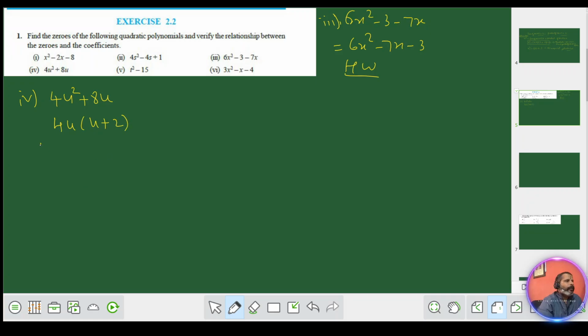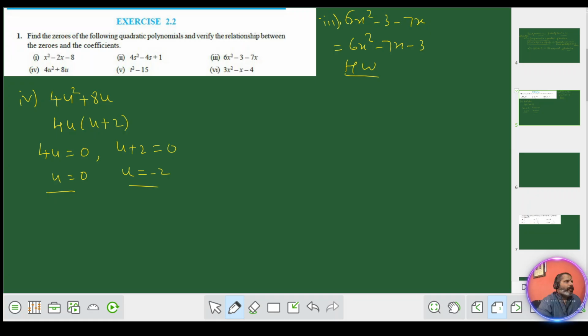Therefore, finding the zeros, you just equate to 0 because they have made our job easy here. So u is 0 by 4, that is 0 only, and u is minus 2 in this case because 0 minus 2 is minus 2. We got the zeros so quickly, right?